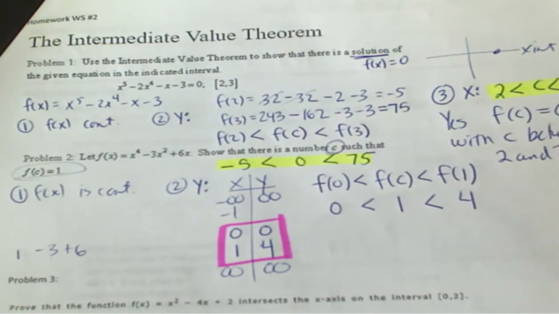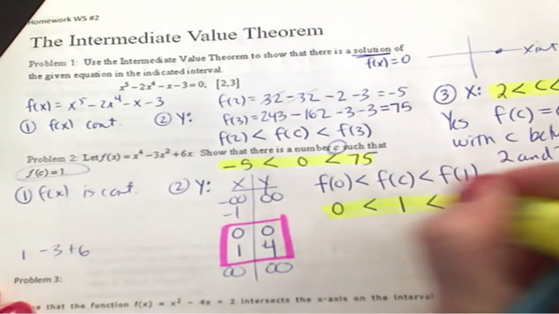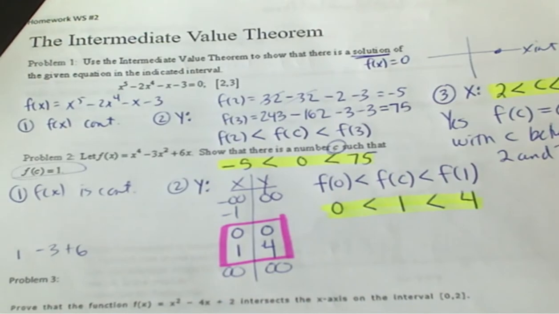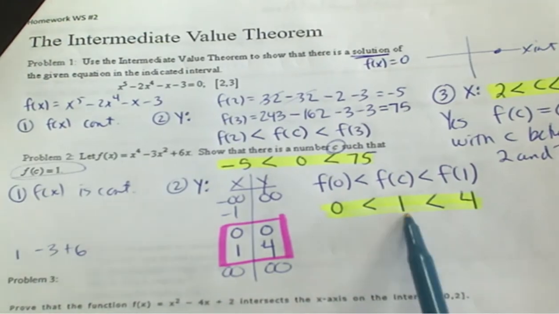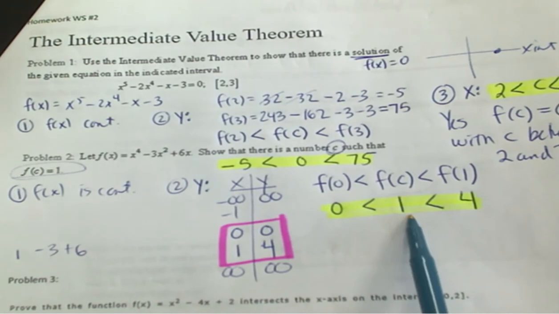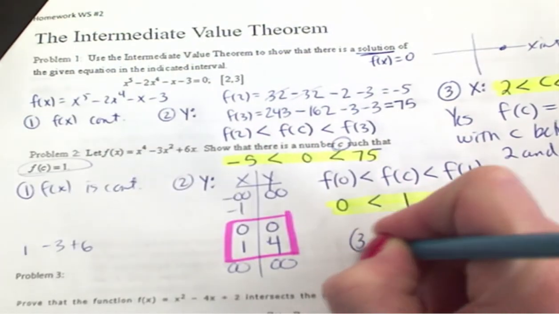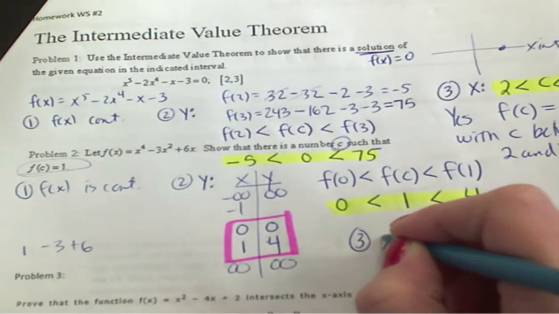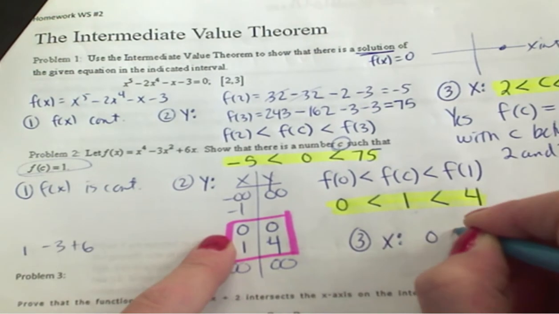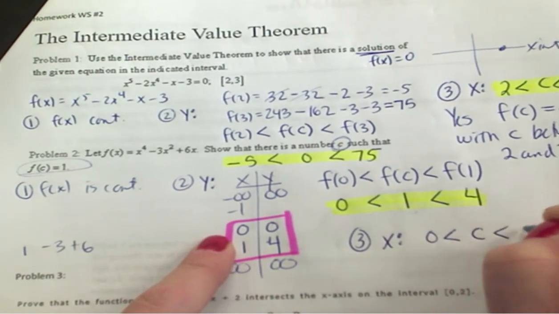That is a true inequality. You're trying to make these inequalities true. If they're false, if I put a value of 5 here, you would be like, no, this point does not exist. Step 3, write your x inequalities. 0 is less than c is less than 1.